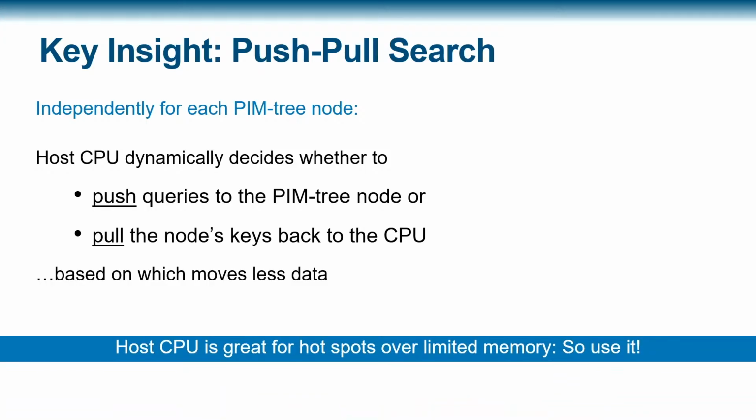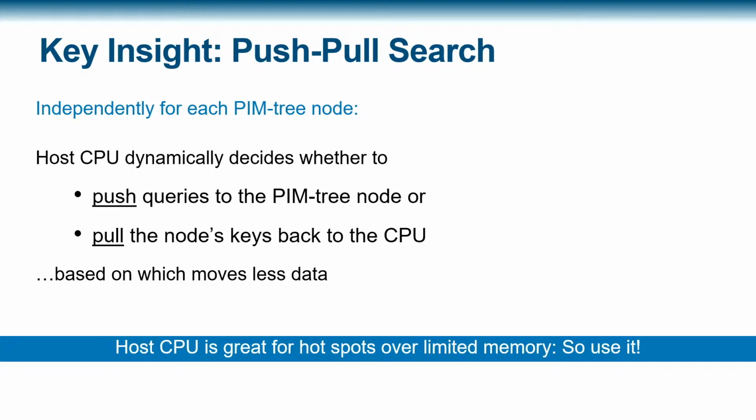And as we just discussed earlier, this is great because the host CPU loves hotspots. It's a limited amount of data. The most number of nodes you're going to pull back is the number of queries, or significantly less than the number of queries. We're assuming that the number of queries in a batch always fits within our memory.